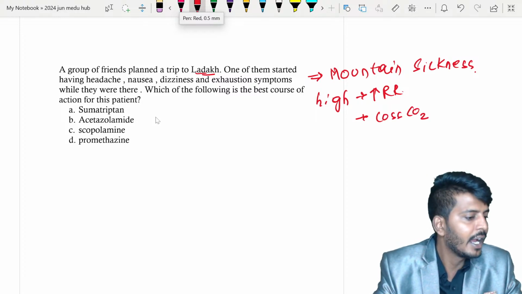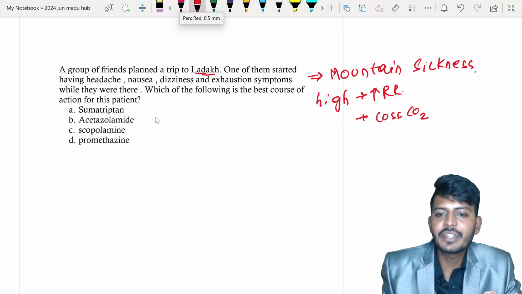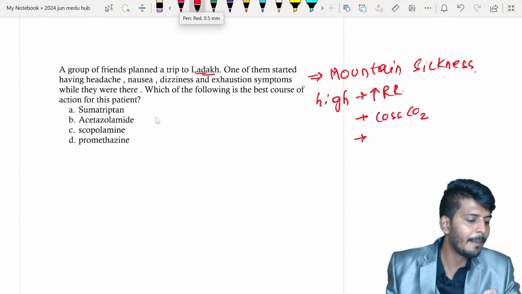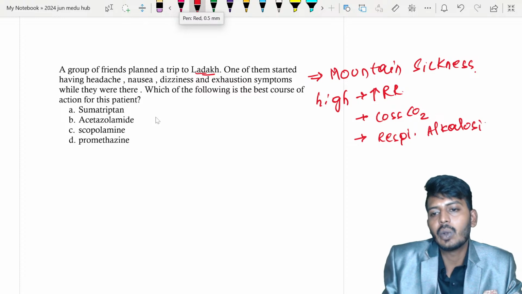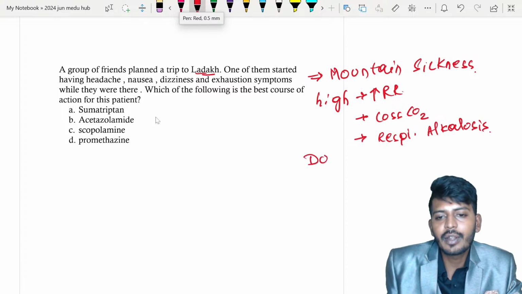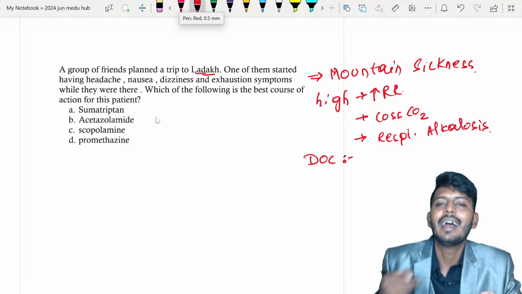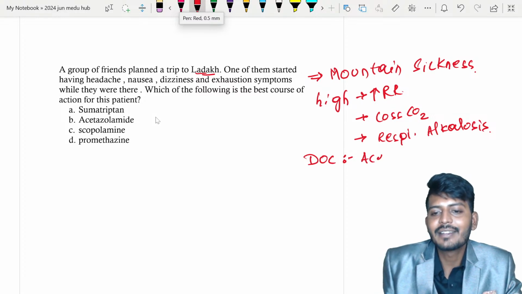So the patient will develop not metabolic but respiratory alkalosis. So the drug of choice for mountain sickness is acetazolamide.